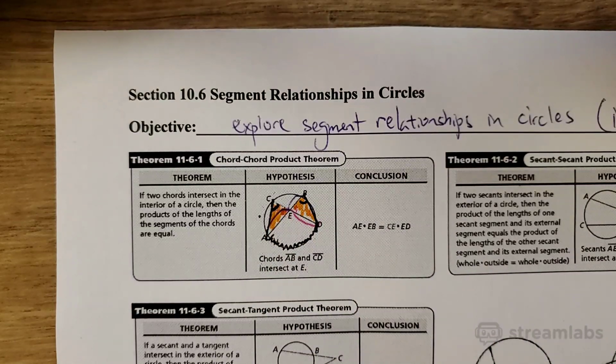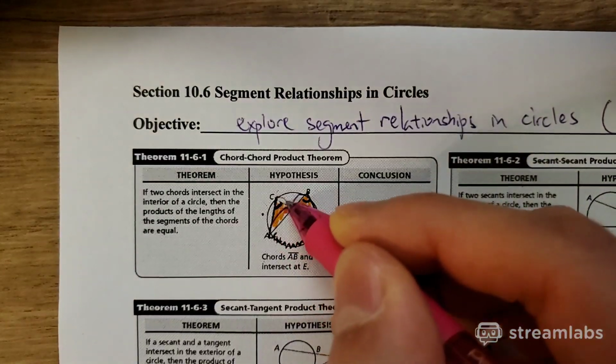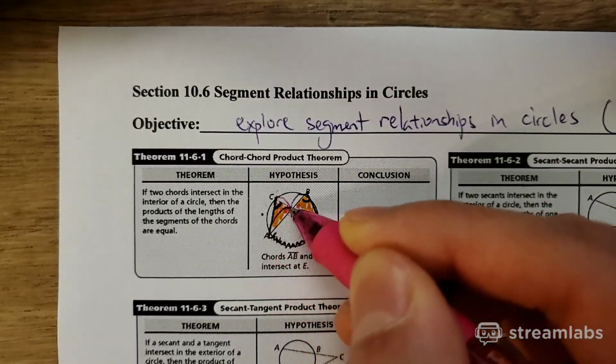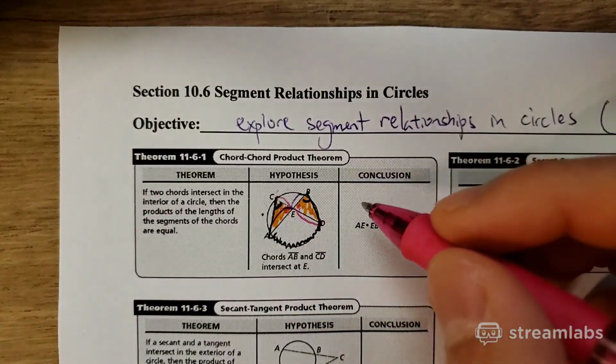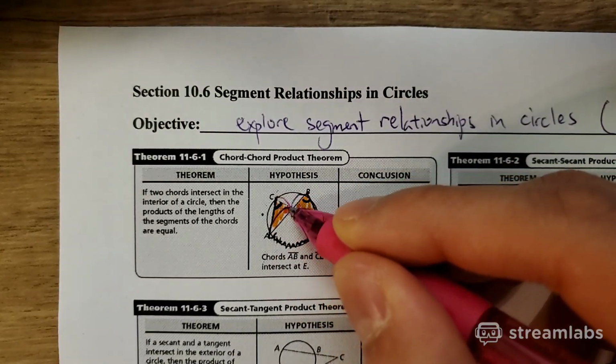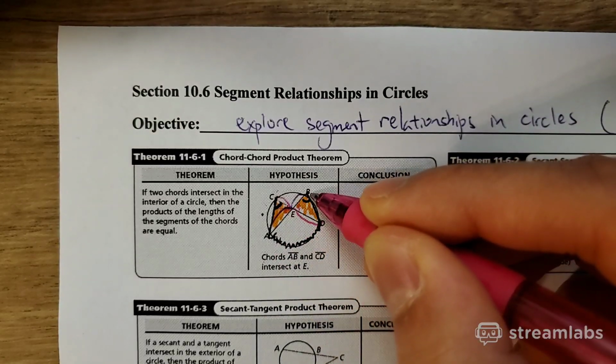Two similar triangles, then how can I say this times this equals this times this? Because it's in proportion. So this over this is the same as this over this.